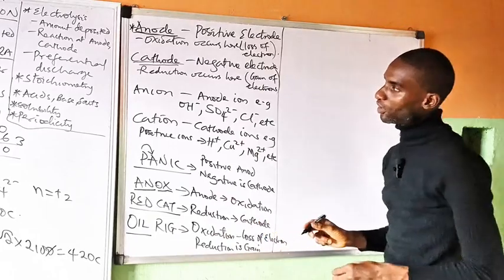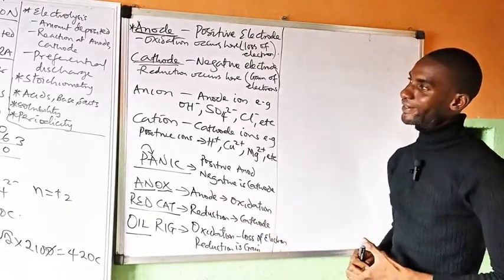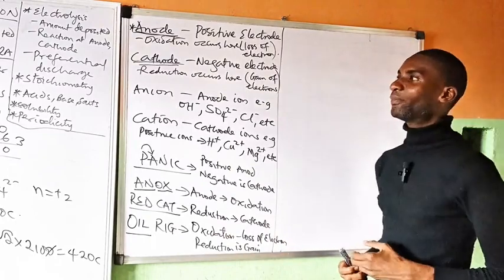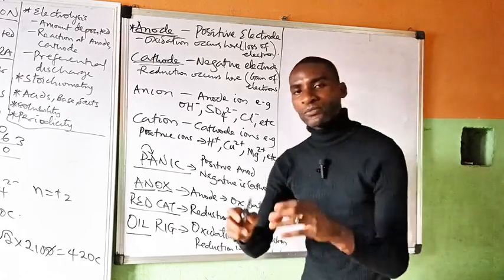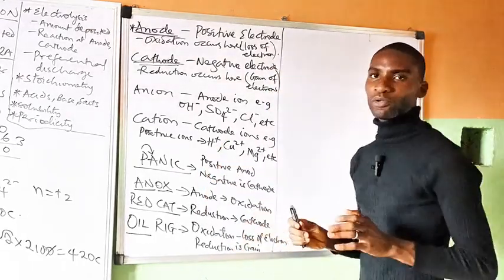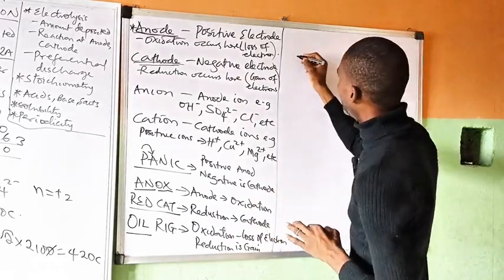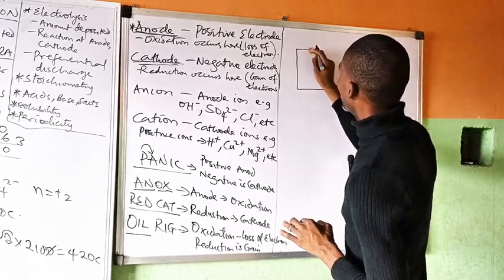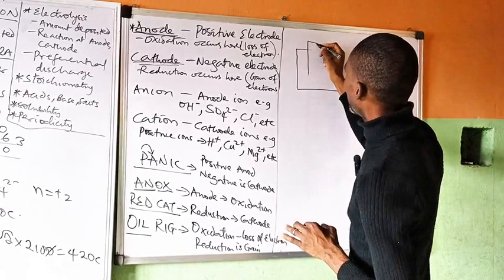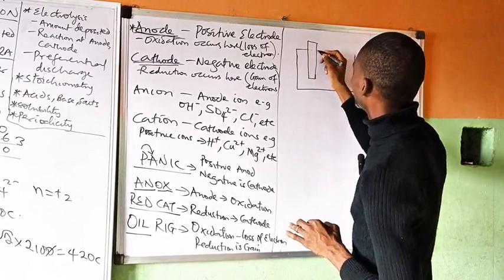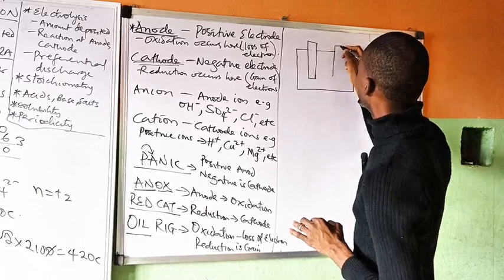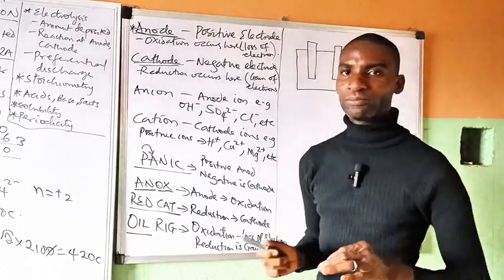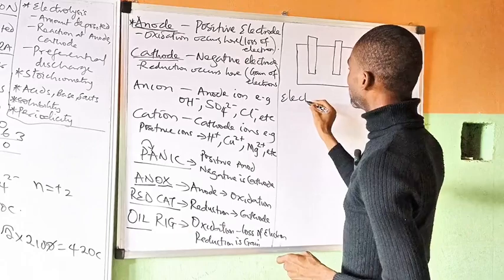Now, having understood all of this, the next thing is to determine preferential discharge. Let me give you an example, a small setup, a typical electrolytic cell setup. Let us see what occurs inside the cell. Before I continue, what is electrolysis?